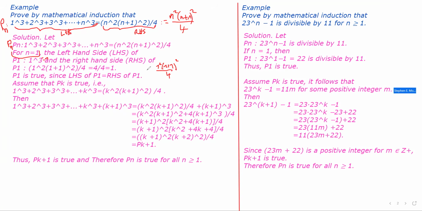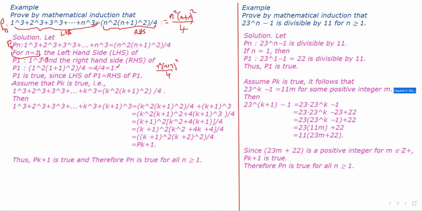And if you put that in, then you see you also get 1. And so we say that the left-hand side of P1 is equal to the right-hand side of P1, so P1 is true.